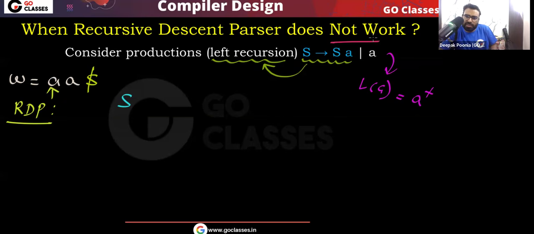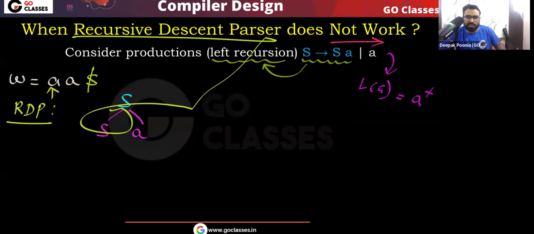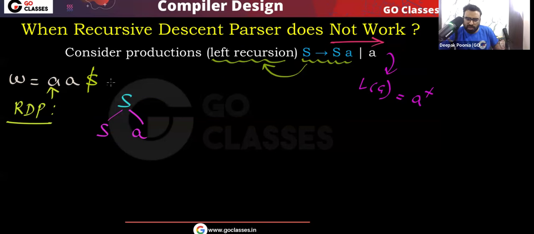You can see it will apply it in this order. And now you can notice again there is a non-terminal. Again, without looking at the input string or the current input symbol, it will apply the S production. So again S goes to SA will be applied.